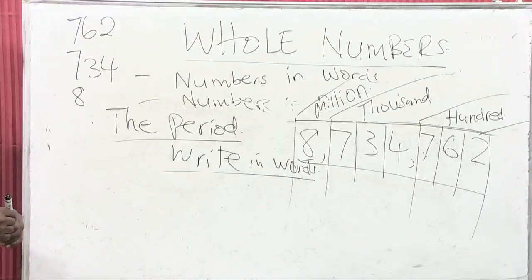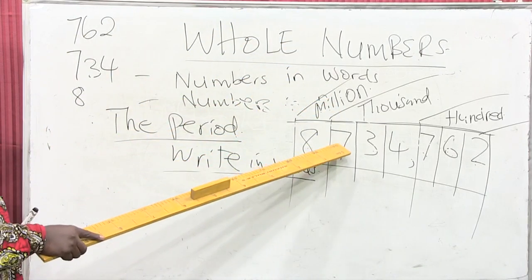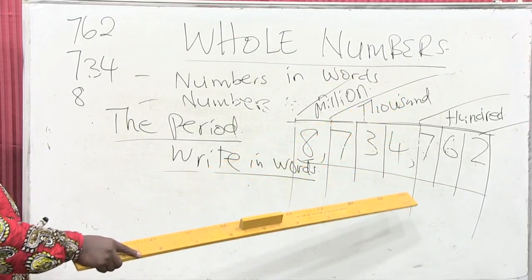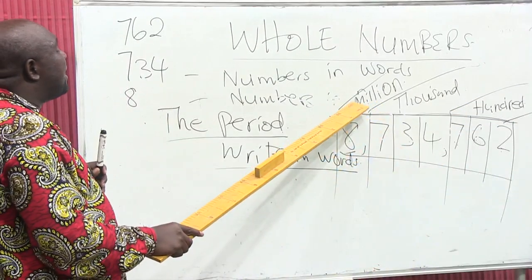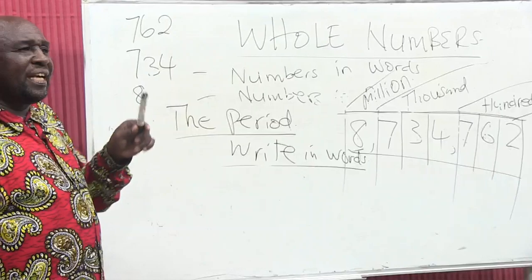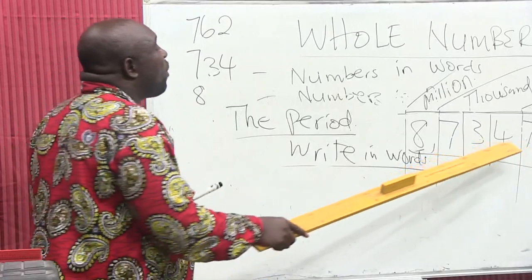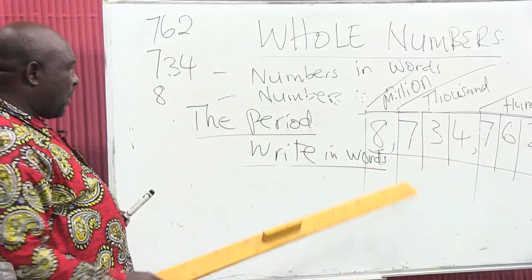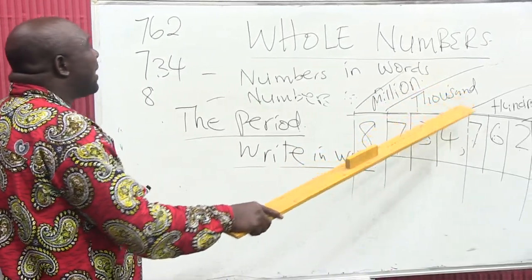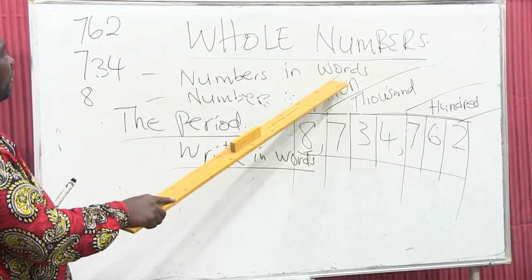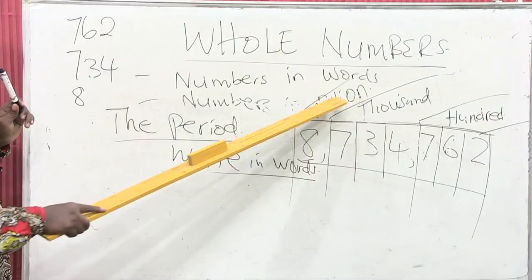So we read 8,734,762. Now, the period is read once in your whole reading. You cannot say 8 million, 7,000, 3,000, 4,000. No, it is 8 million. The million is mentioned once because it's the main period.